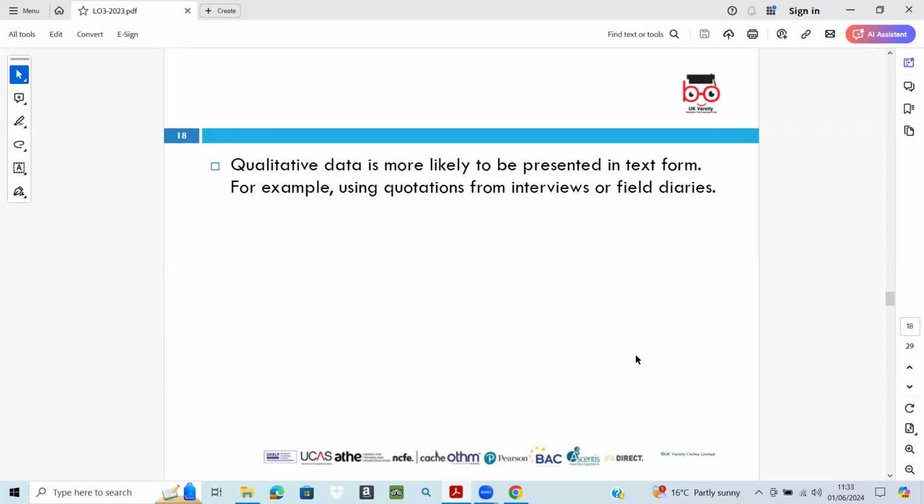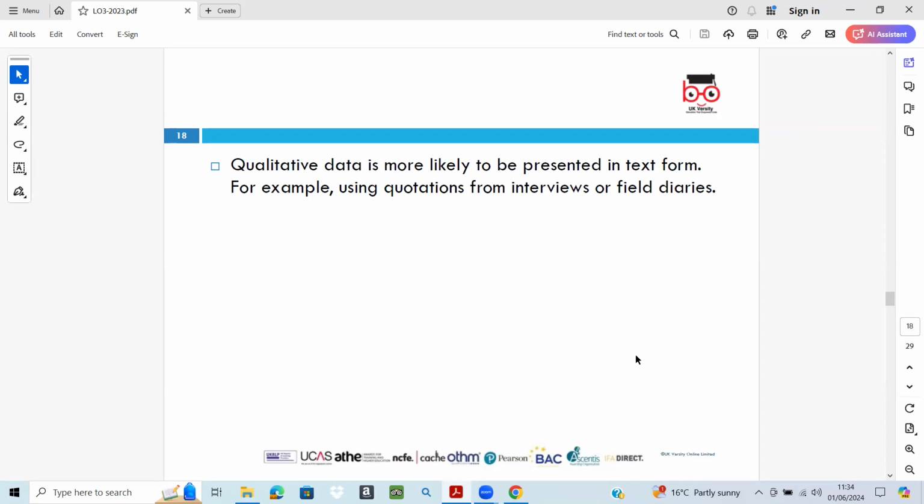So we can say that it includes reflections, field notes, and personal experiences from researchers to provide insight into the data collection process and interpretation of findings. Then we have contextual background.